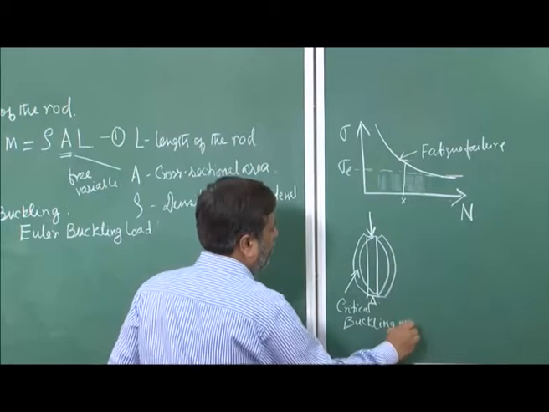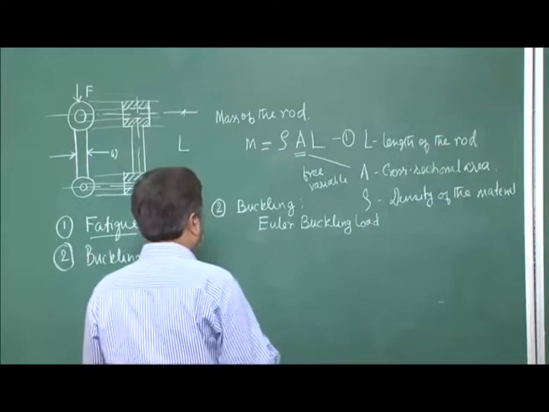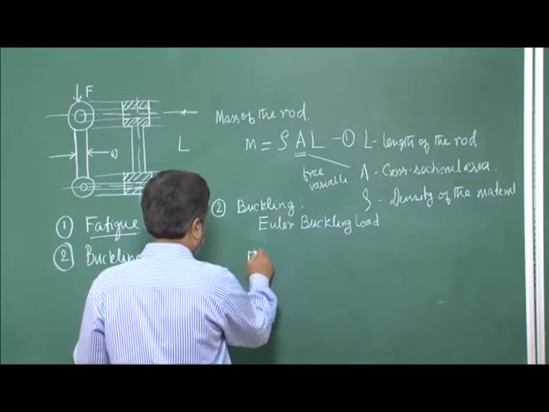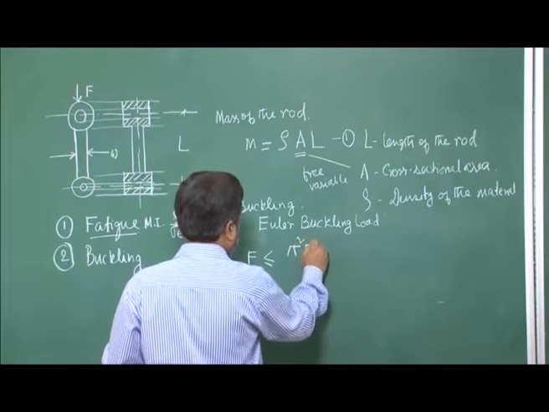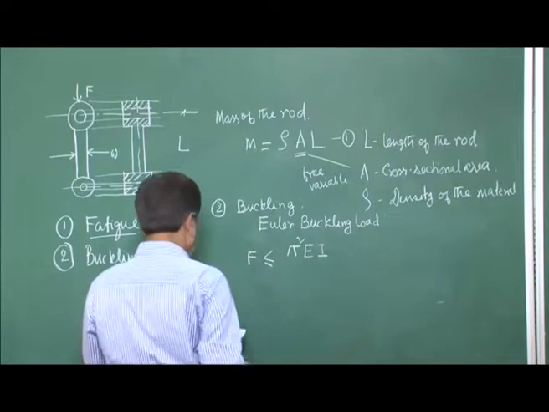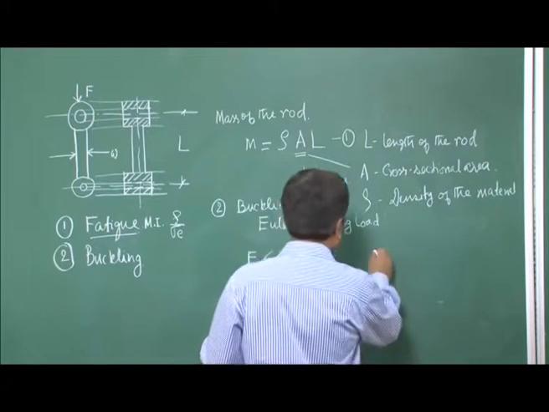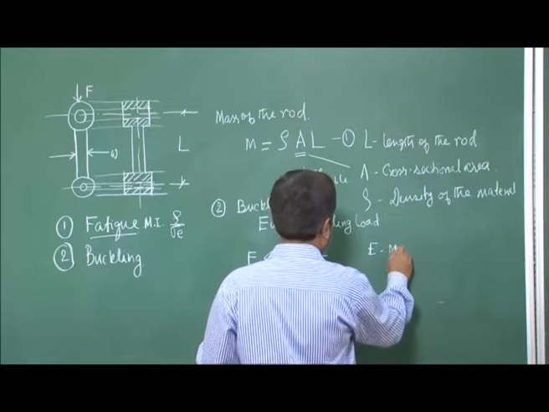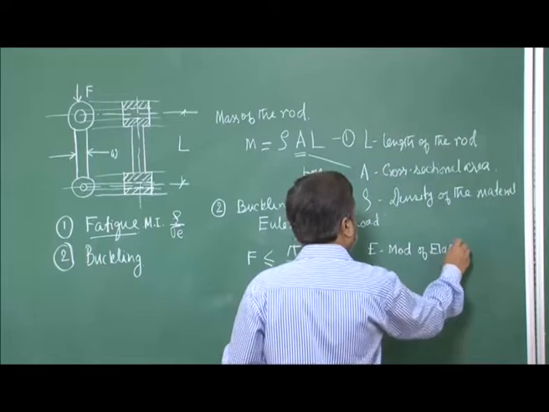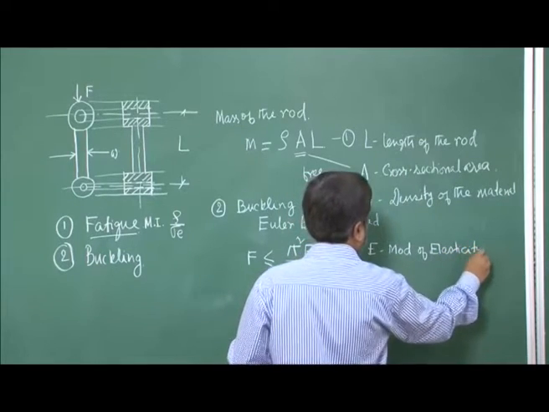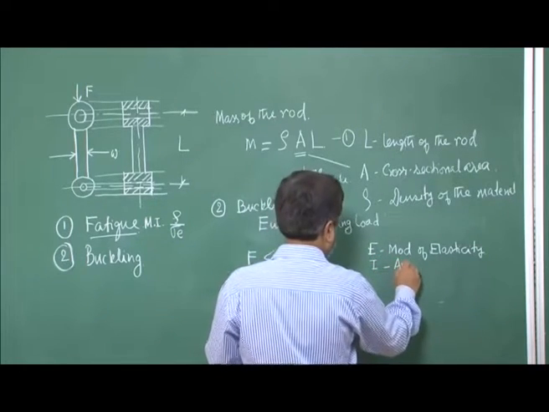The first mode itself. And for that, we can write the force has to be less than or equal to pi square E I over L square. Again, E is the modulus of elasticity, and I is the area moment of inertia.